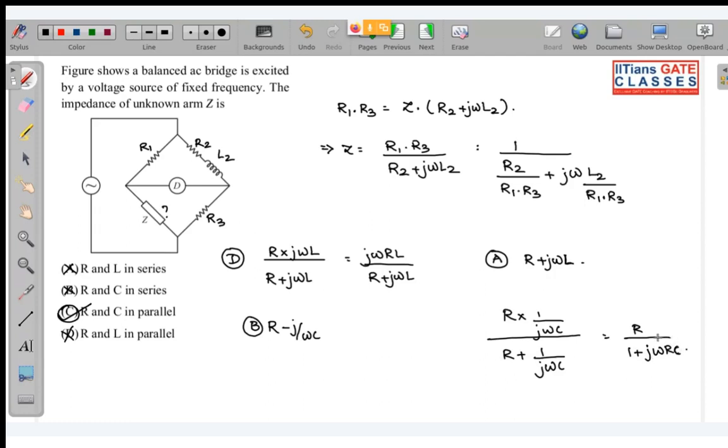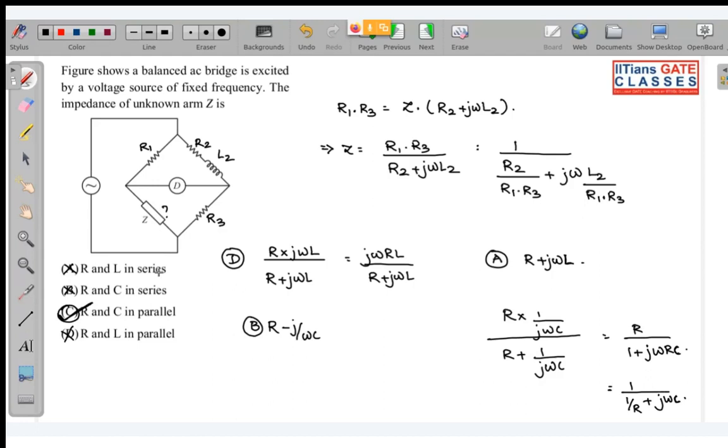You can also divide by R, so this will be 1 divided by (1 by R plus j omega C). Whichever way you write it, this looks quite similar. So that means Z is basically R and C in parallel.